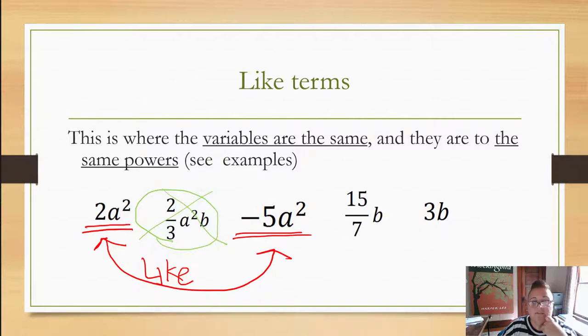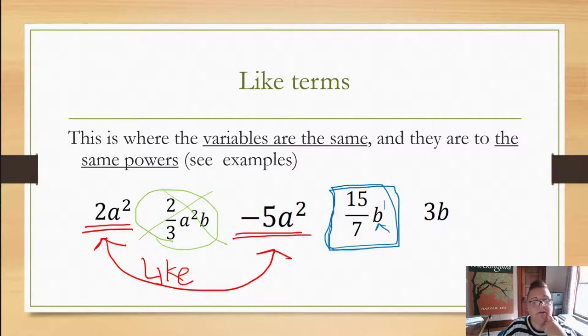If we look at 15/7 b, I'm sorry, there's not a squared there. Is there another term that has a variable of just a b, or b to the first, if you'd rather? As you look at this, it would not be a like term.